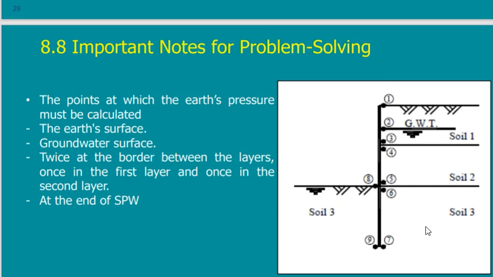It means that above the water use gamma bulk, and below use gamma submerged, which is gamma saturated minus gamma water. So in this case, you will solve the problem for two cases: for the case of soil, effective, and for the case of water alone, because you may have different levels.